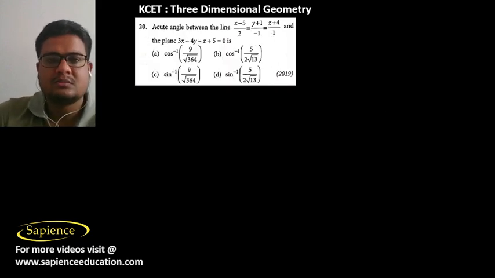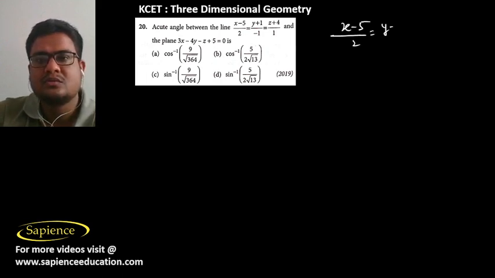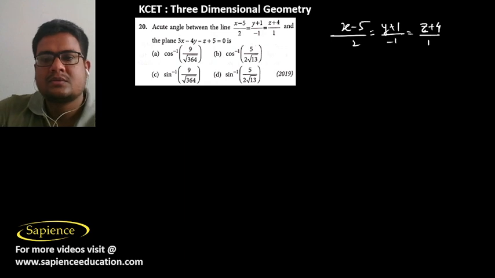Then in question number 20 it is told the acute angle in between the line (x minus 5) by 2 equals (y plus 1) by minus 1 equals (z plus 4) by 1, and the plane.